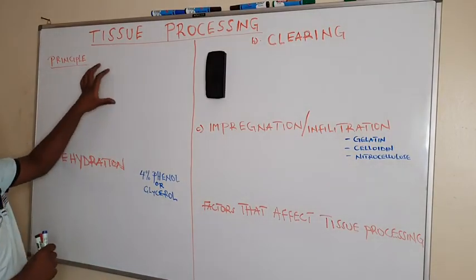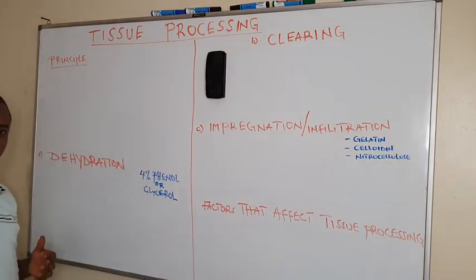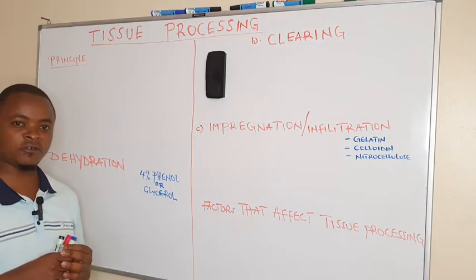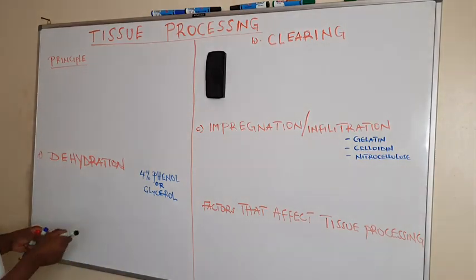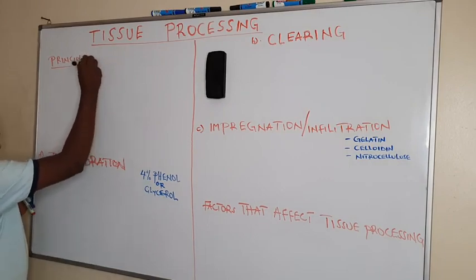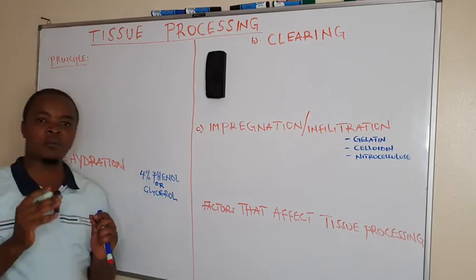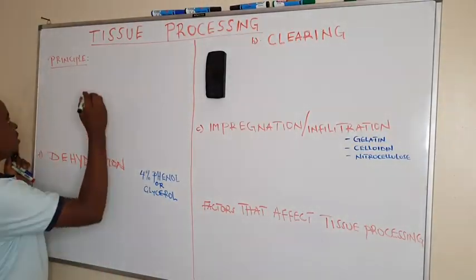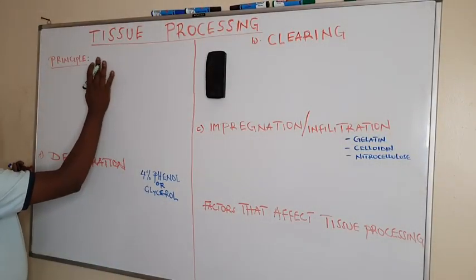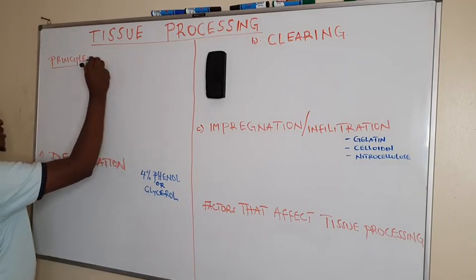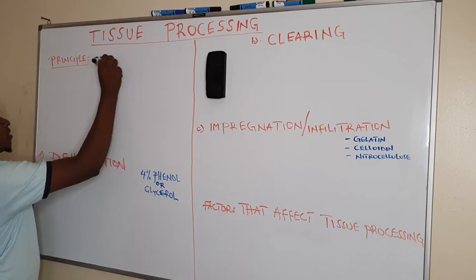So the principle under tissue processing, which is a step after grossing for soft tissues, immediately we do tissue processing, is that we are removing the water. So the principle states that during tissue processing, we see removal of water.